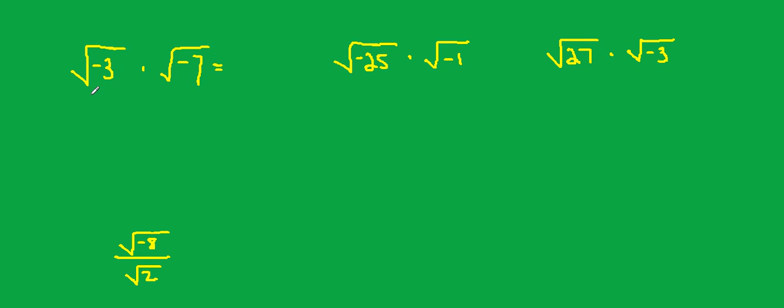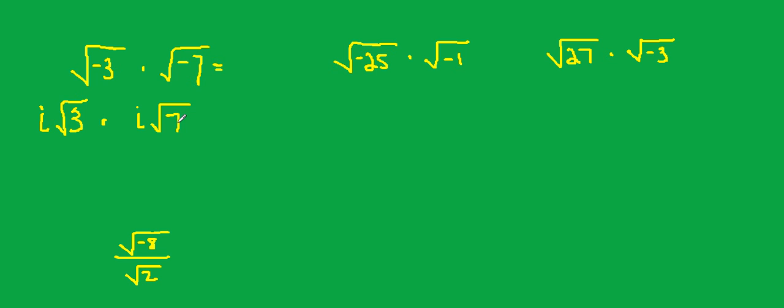So this in essence becomes i times the square root of 3, because the square root of negative 1 is the i, so that would just come out front. Then I'll multiply that by the square root of negative 7, where the negative under the root sign indicates an i, and I'll leave the 7 because it's not a perfect square and there's nothing I can do with that to simplify.